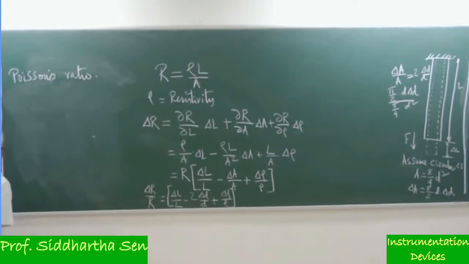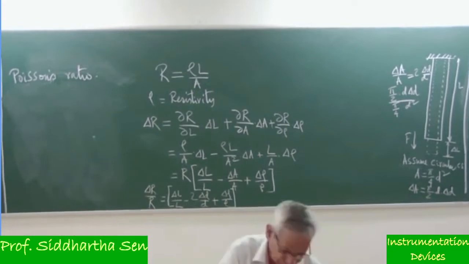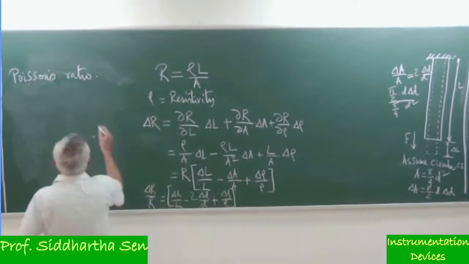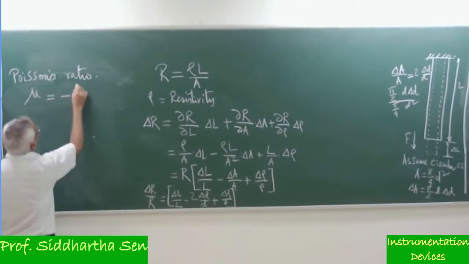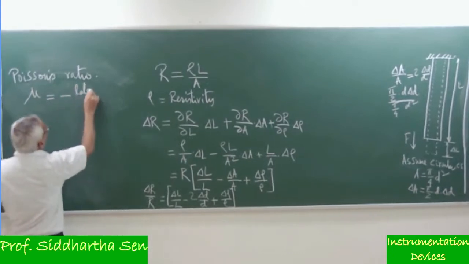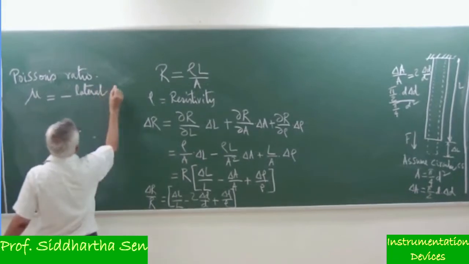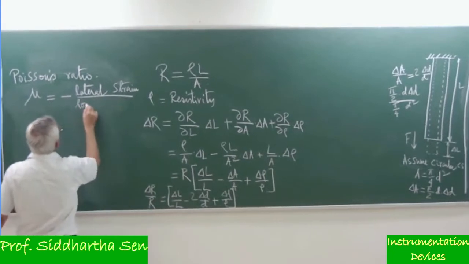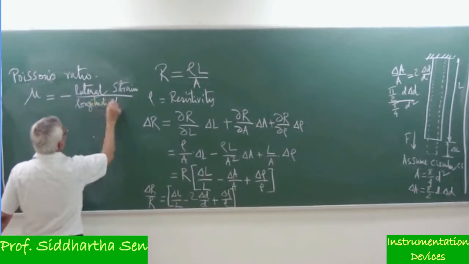So, what is a Poisson's ratio? We express it as mu is equal to minus of lateral strain by longitudinal strain.